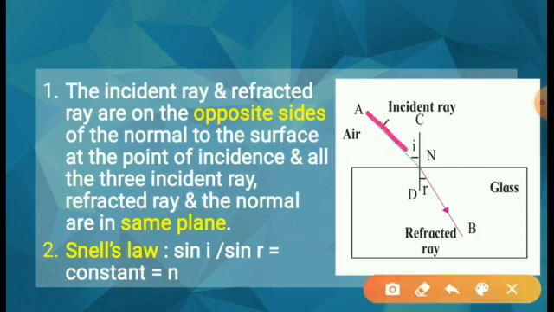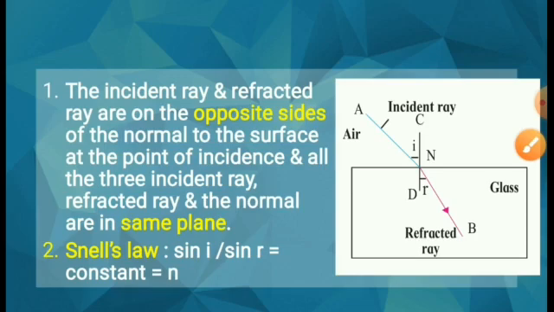You can see this incident ray and this refracted ray lie on opposite sides of this normal, and all three rays are in the same plane. Next is Snell's law. Snell was a scientist who gave this law, that is sin i upon sin r is equal to a constant, which is given by n. These are the two main important laws of refraction.